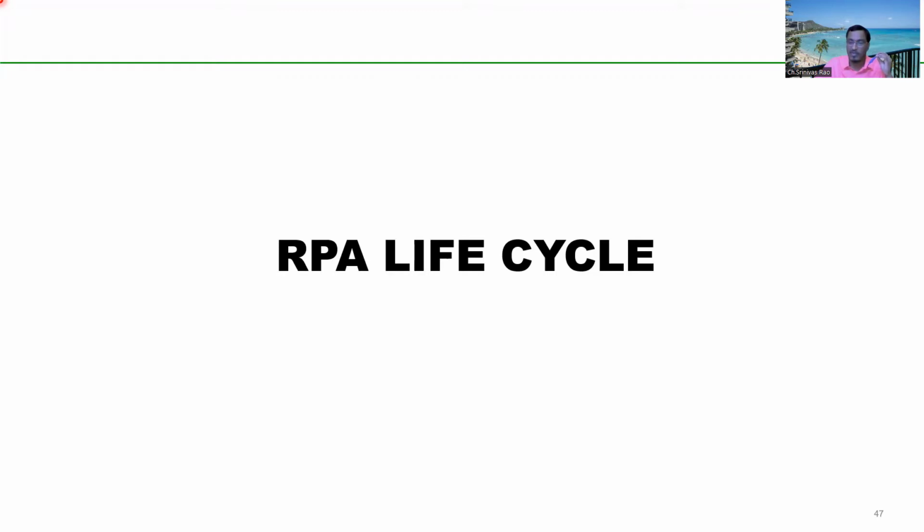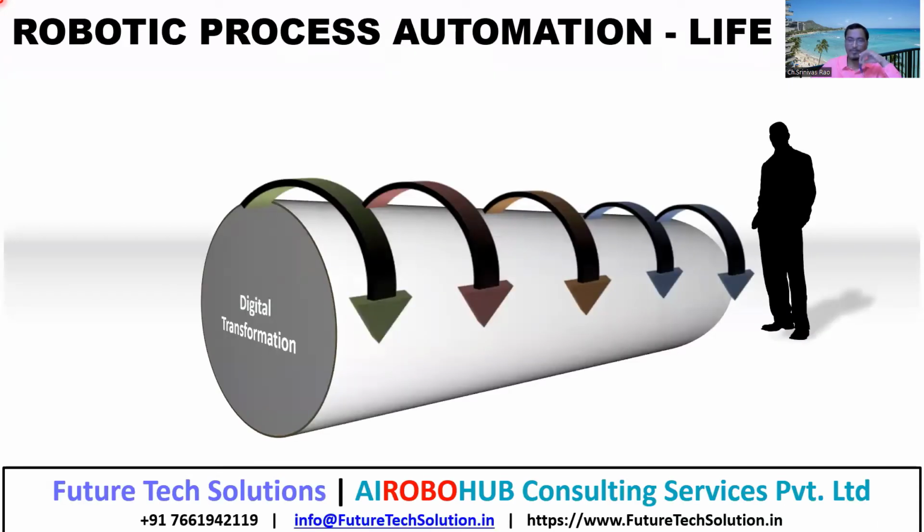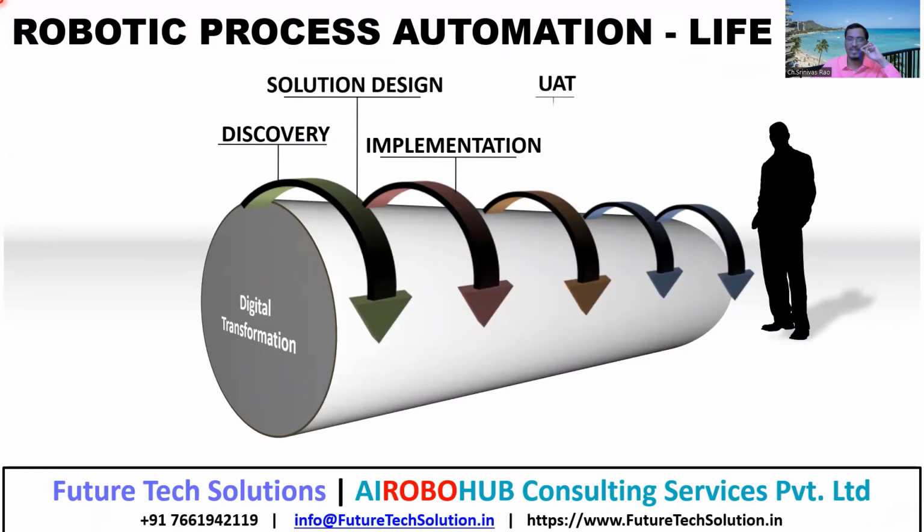To get that into your mind, I am going to explain the RPA life cycle in a few slides. Similar to a normal project, RPA also has its own life cycle: RPA discovery, solution design, implementation, UAT, deployment, and execution.